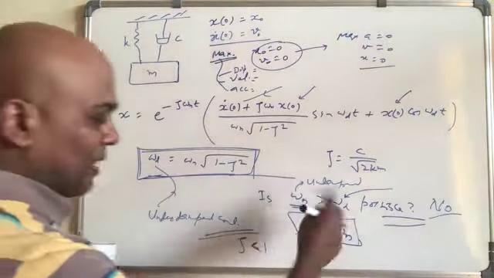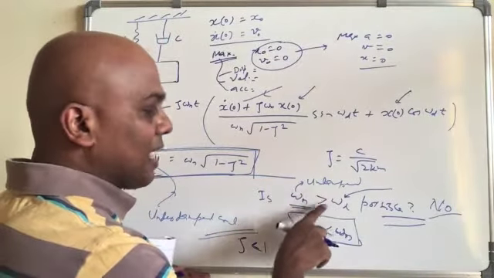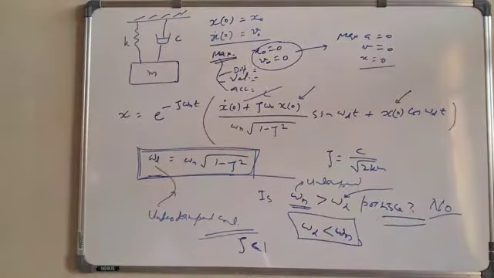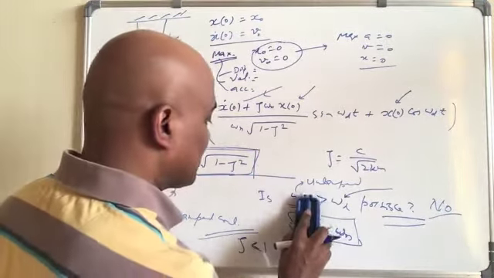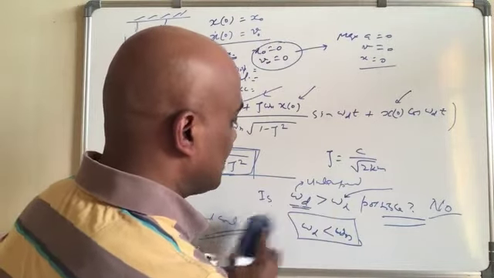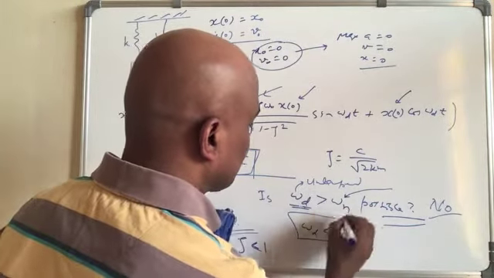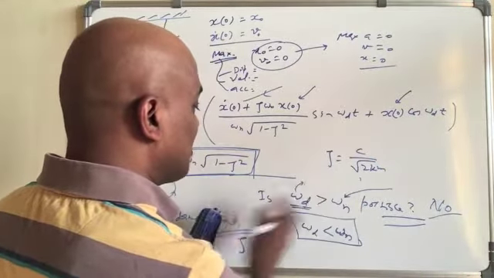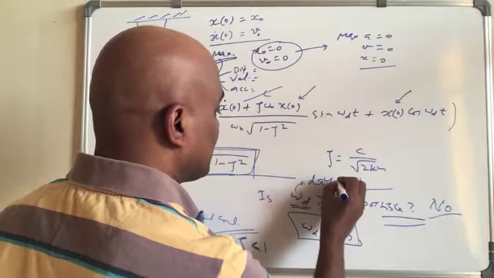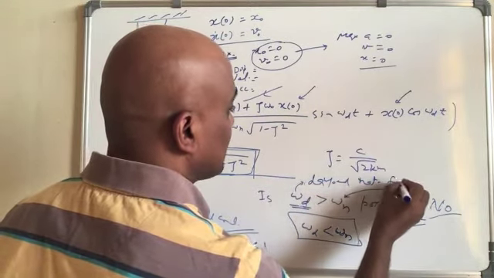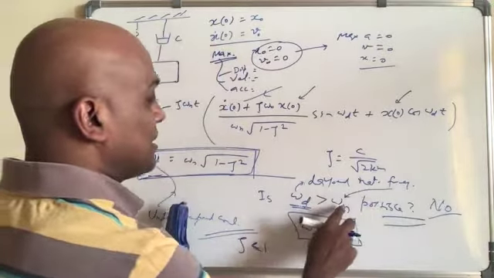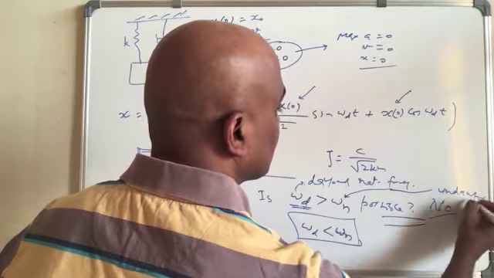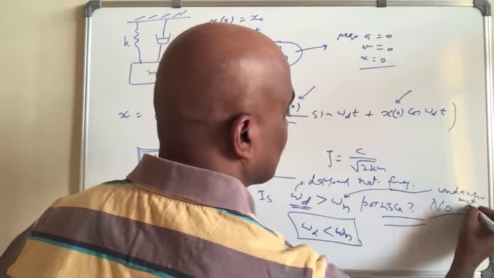Okay, so sorry guys. What I meant is that omega n has to be greater than omega d, always like this. What I asked is whether omega d is greater than omega n. So I asked whether the damped natural frequency, this omega d is the damped natural frequency, can be greater than the undamped natural frequency, this is the undamped natural frequency.